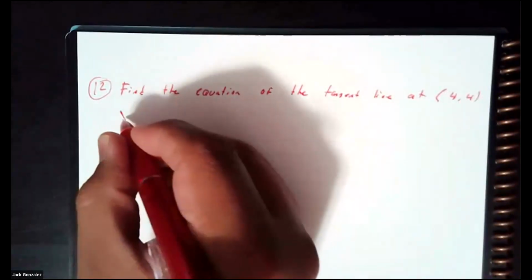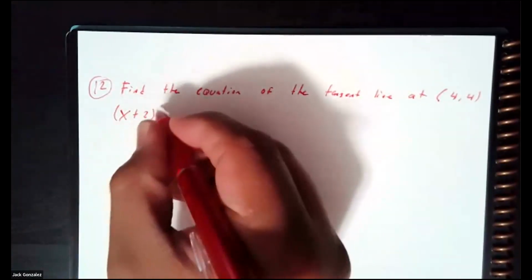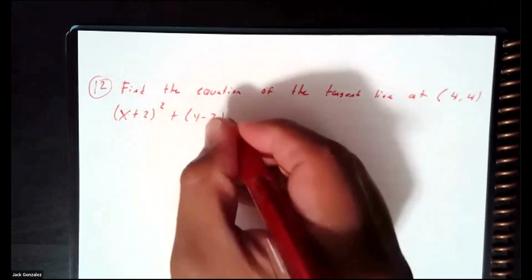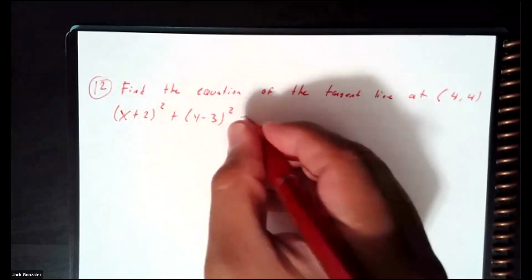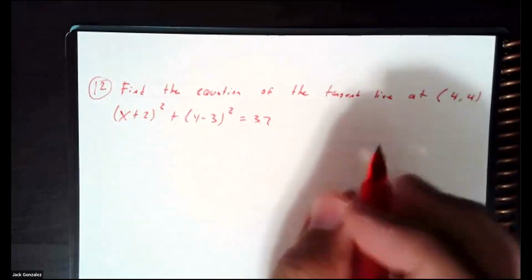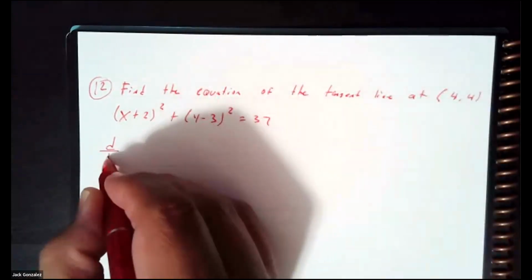Find the equation of the tangent line at (4, 4), tangent to this circle. So take d/dx of both sides.